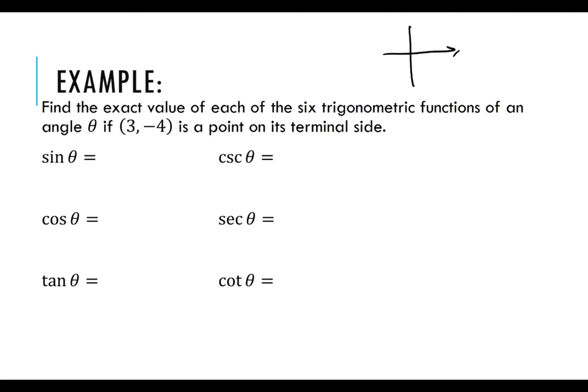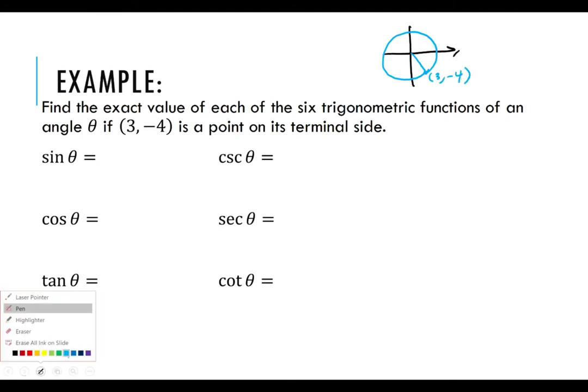Then finding (3, -4), that's going to be 3 to the right, down 4, somewhere in this vicinity. So this is technically our terminal ray. If that's our terminal ray, realize that the circle should have that equivalent radius throughout, and so that's the point (3, -4). Well, at this point, you can get a triangle by coming down here to the x-axis.